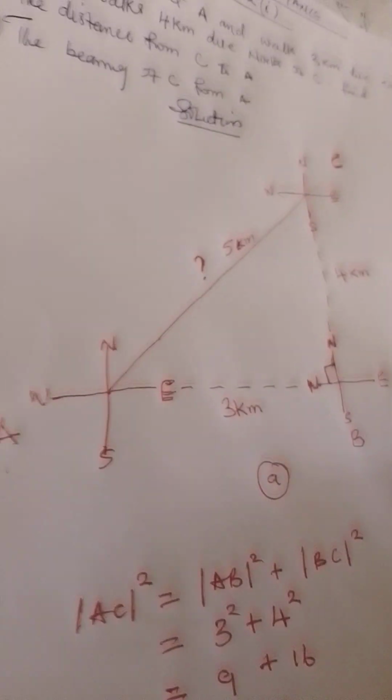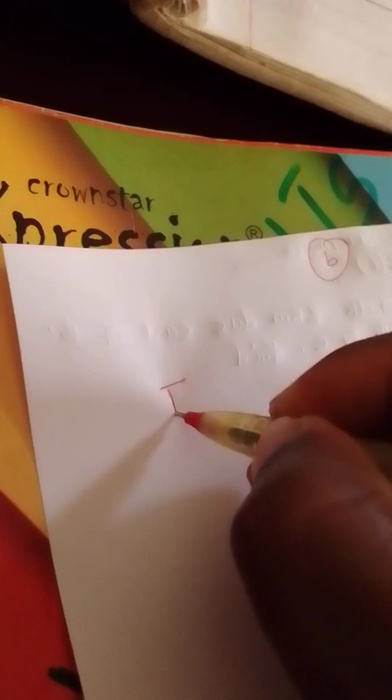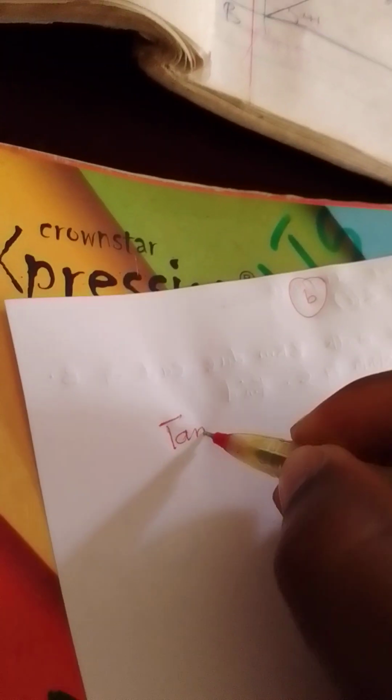So that is that. Then what about the B part of it? The B part says we'll find the bearing of C from A. All right. In that case, we'll take from SOHCAHTOA, we have tan theta is equal to 4/3.